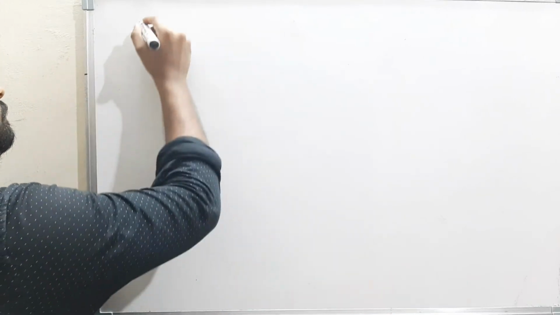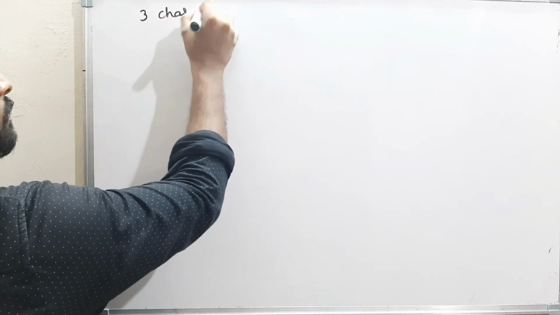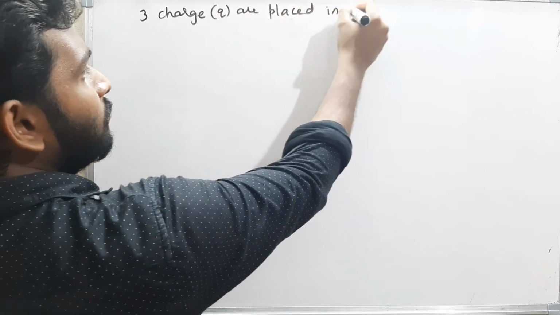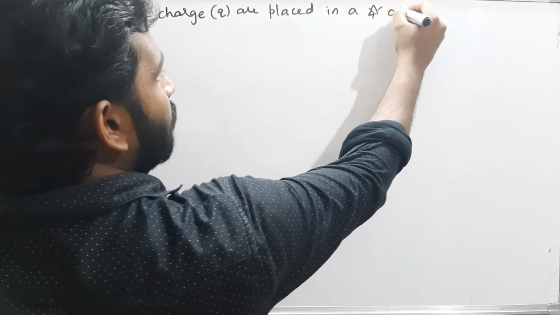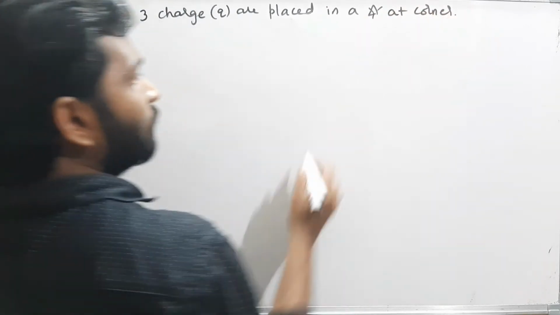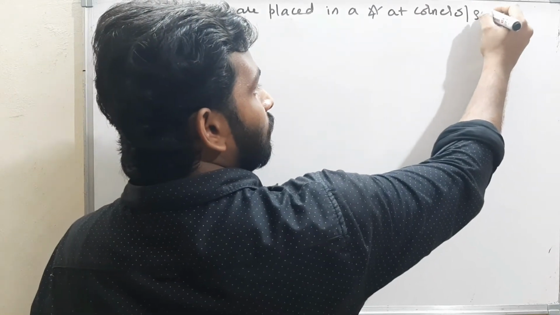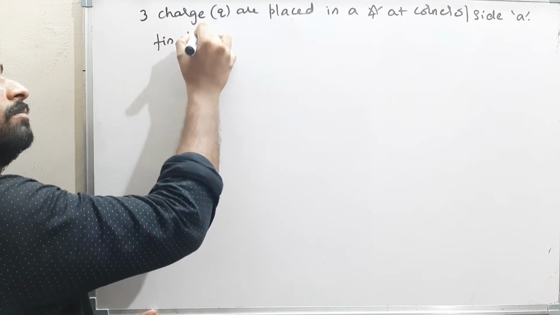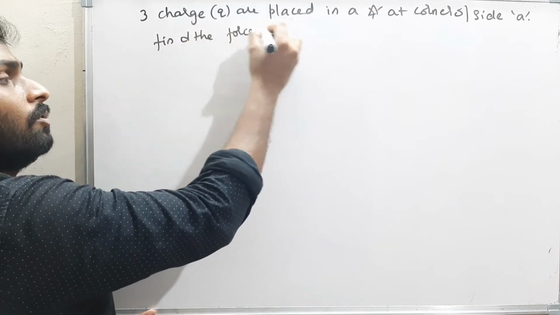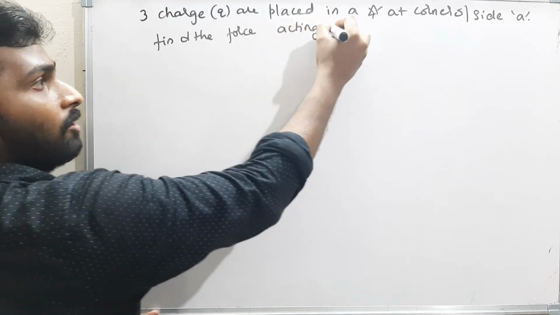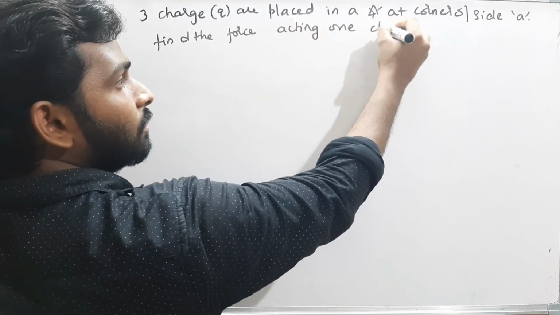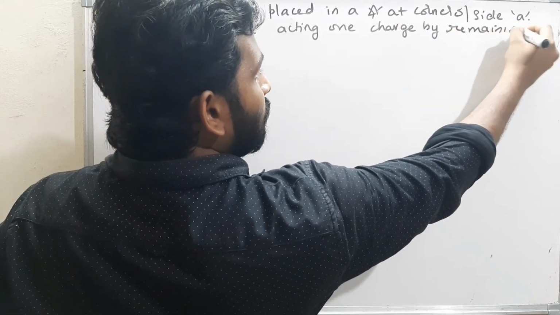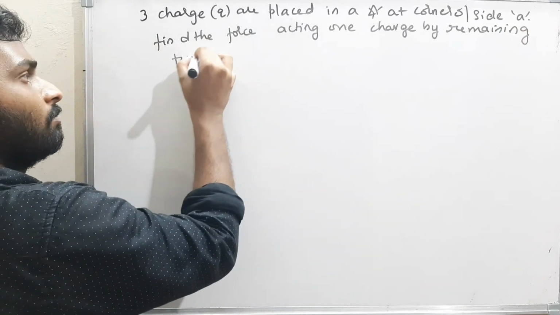Okay, now see here. Three charges Q are placed in an equilateral triangle at corners of side A. Now find the force acting on one charge by the remaining two charges.